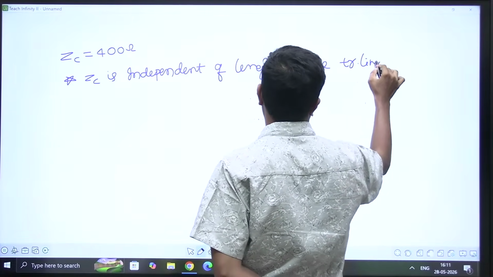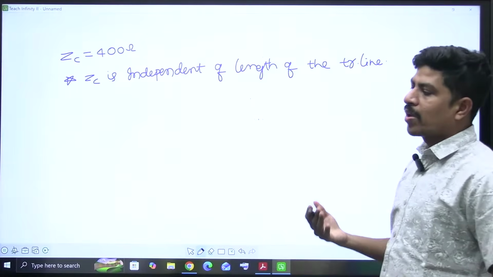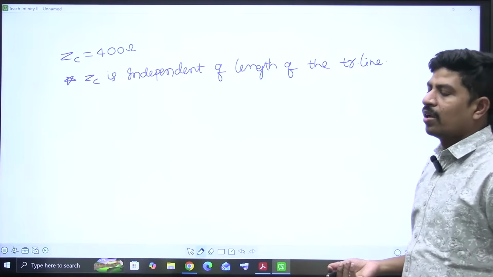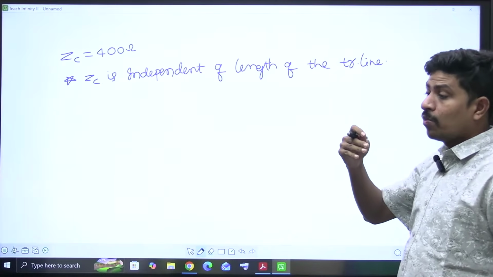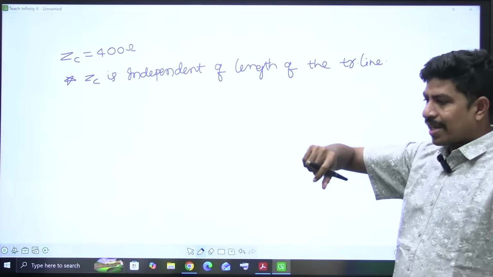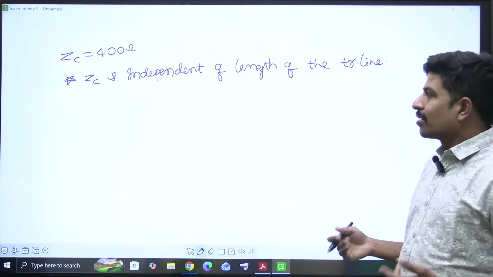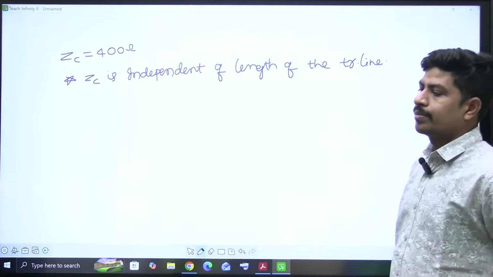Characteristic impedance does not depend upon the length of the transmission line. For a 20-kilometer line, if it is 400 ohms, then for a 200 kilometer line of the same configuration, it is going to be the same 400.